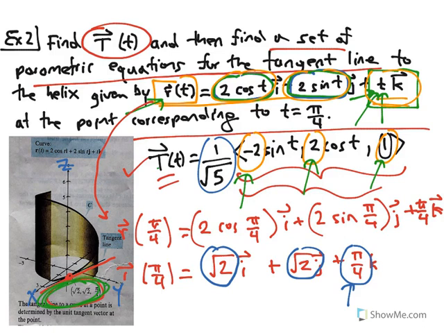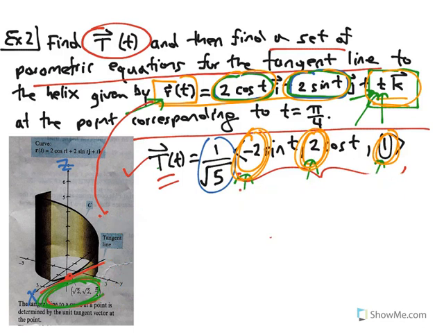And then we're going to rely on the direction numbers, which here have been circled in gold. And here's how we're going to write our set of parametric equations for the tangent line to our curve at the point corresponding to t equal to pi over 4. Since we're in 3 dimensions, we'll have 3 equations, one for x, one for y, and one for z.